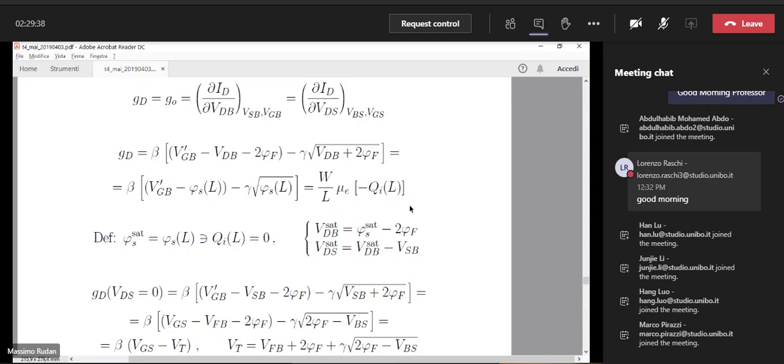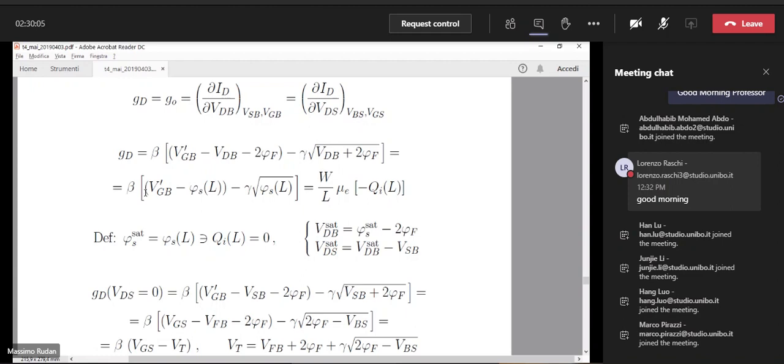Now we introduce a definition. We define the saturation surface potential at the drain as the value of phi s of L that makes this quantity equal to 0.